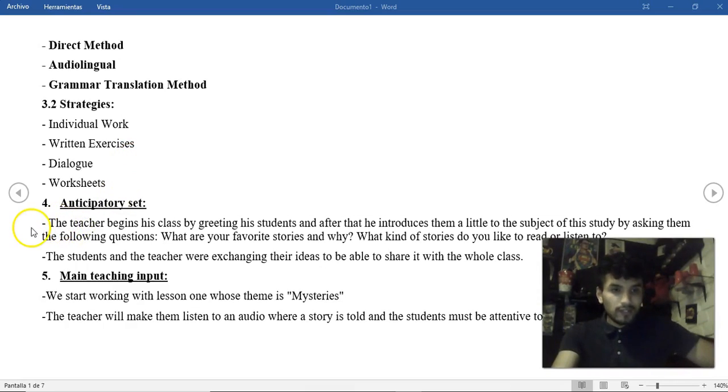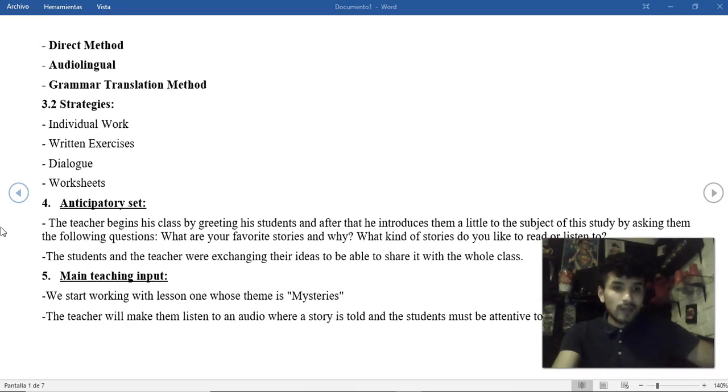The anticipatory set: the teacher begins his class by greeting his students, and after that he introduces them a little to the subject of this study by asking them the following questions. What are your favorite stories and why? What kind of stories do you like to read or listen to?